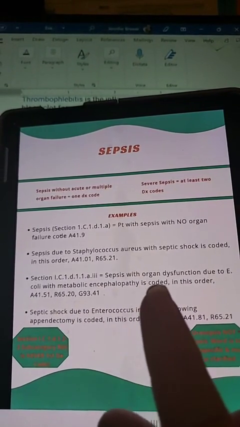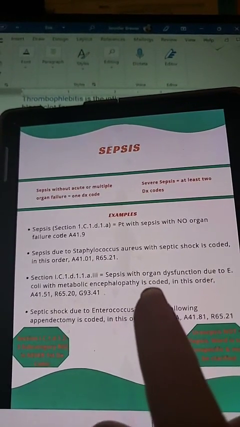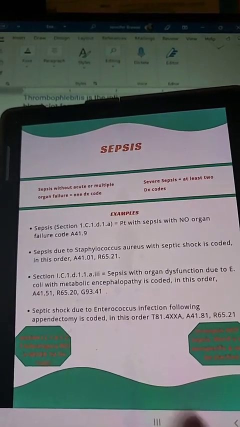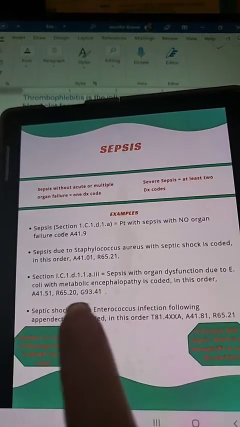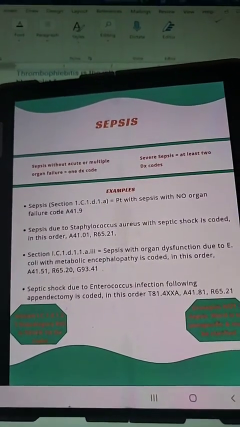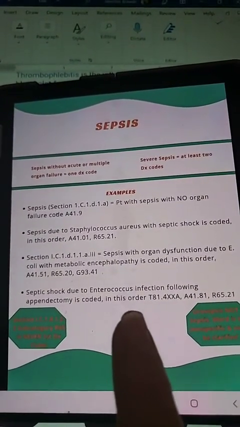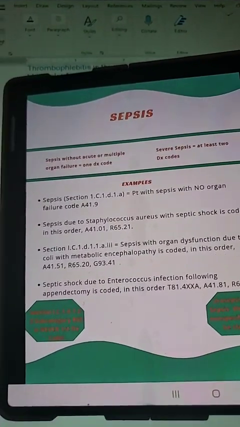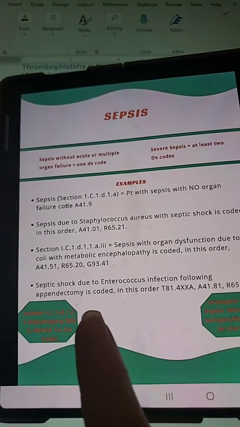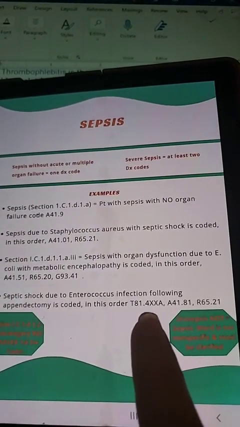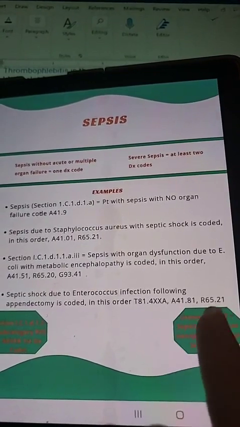And then if you've got sepsis with organ failure due to E. coli, you're going to code in this order 3 diagnosis codes. And then if you've got septic shock due to a bad infection of the appendectomy, you're going to do external cause one first before your diagnosis codes.